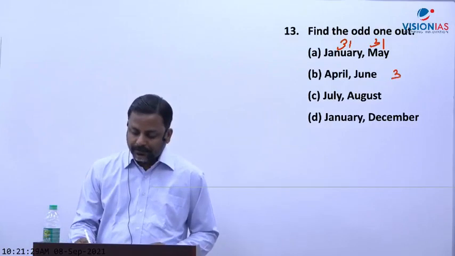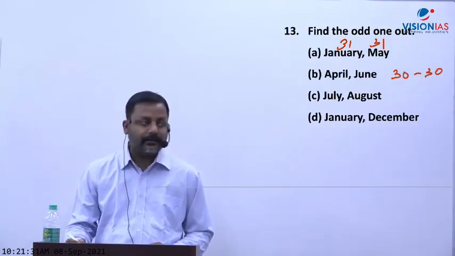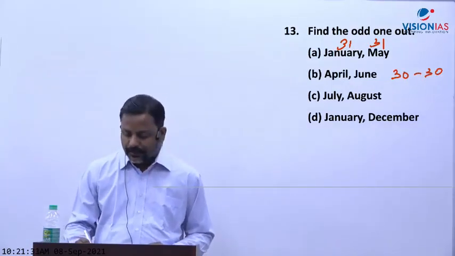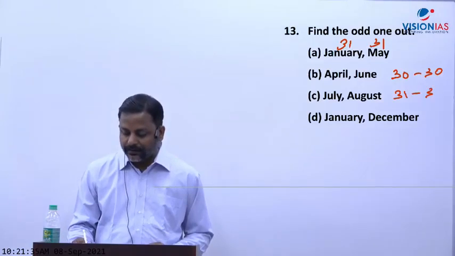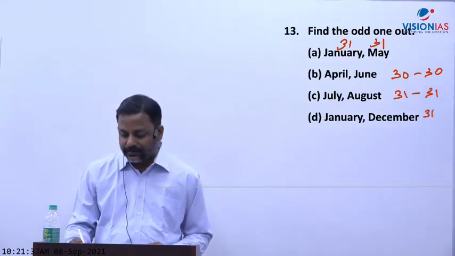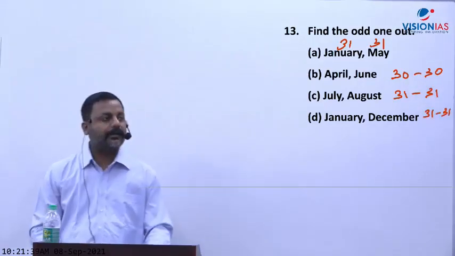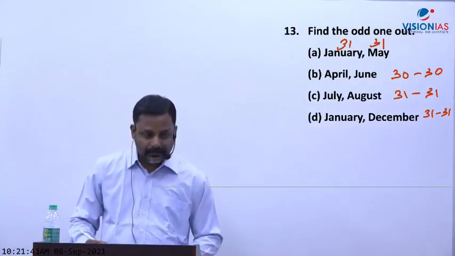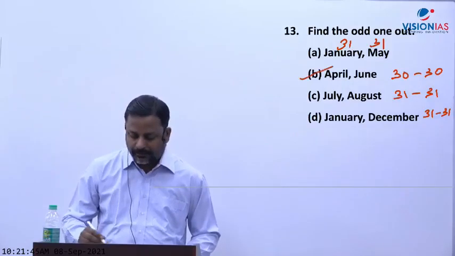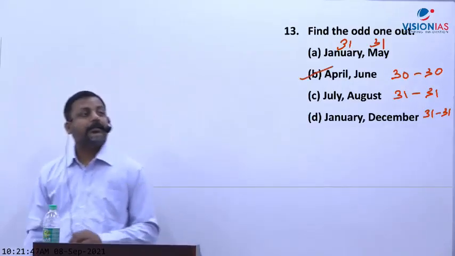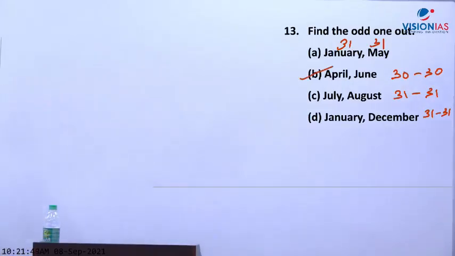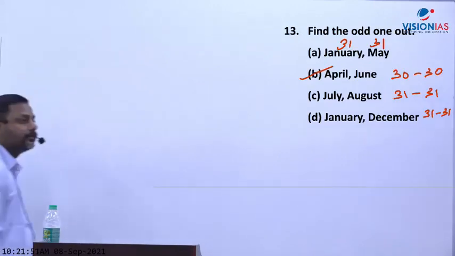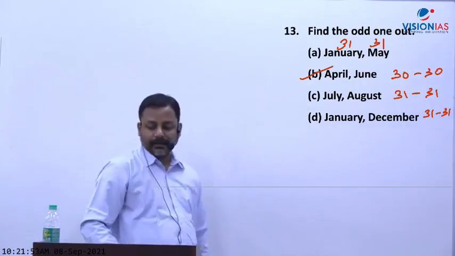When we talk about April and June, these two are having 30 days. July and August are also having 31 days and January and December are also having 31 days. Since the rest of the options are having 31 days, the only option left with 30 days is April and June. So that's why we will consider April and June.